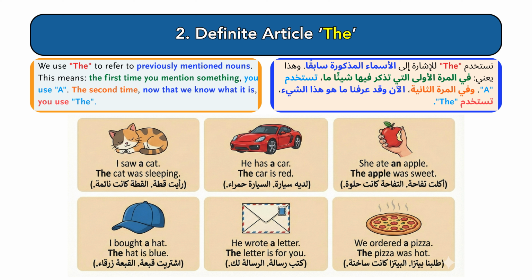The cat was sleeping. He has a car. The car is red. She ate an apple. The apple was sweet. I bought a hat. The hat is blue. He wrote a letter. The letter is for you. We ordered a pizza. The pizza was hot.